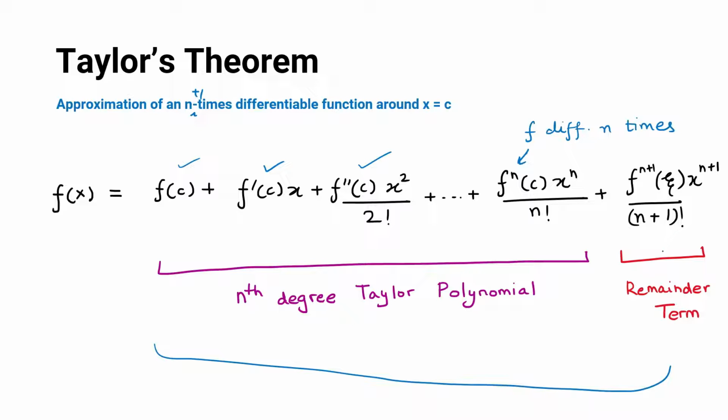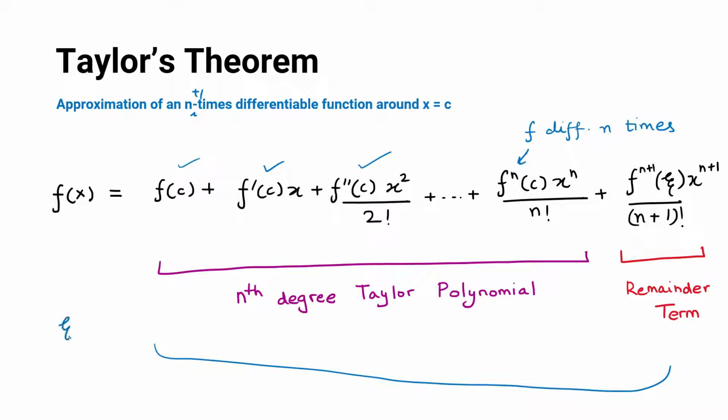There is also a remainder term, because you cannot exactly approximate a function using simply polynomial functions. So definitely there will be some difference between the actual function and the nth degree Taylor polynomial, which is given by f^(n+1)(ξ) x to the power of n plus 1 divided by n plus 1 factorial.